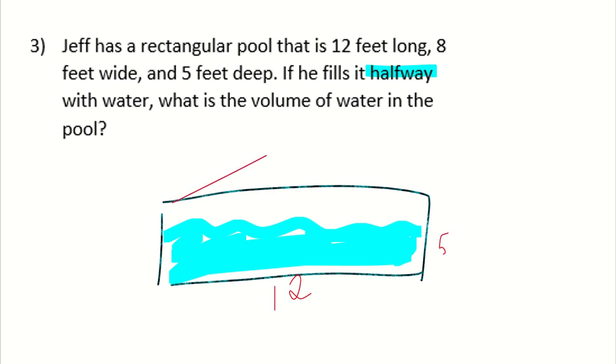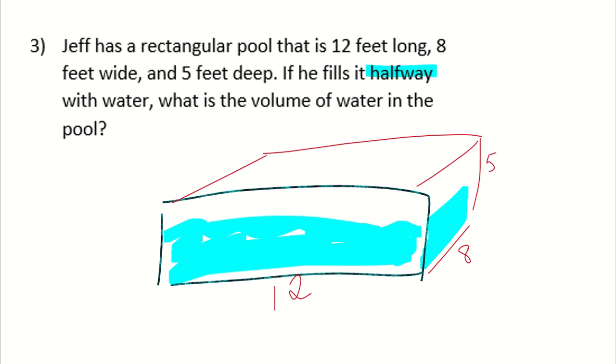Try and put that 8 feet, I guess it'll just have to be like this. 8 feet wide. Oops, sorry, struggling a little bit with my drawing. Okay, now that's a better 3D pool. Where were we? 8 feet wide and 5 feet deep. And he's only going to fill it halfway. And the question is asking, so what's the volume of the pool filled halfway?